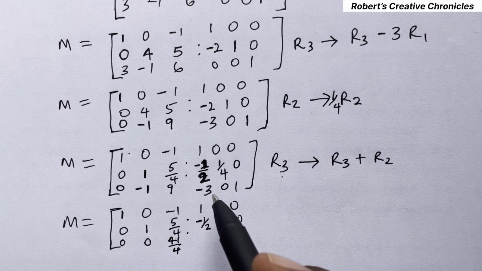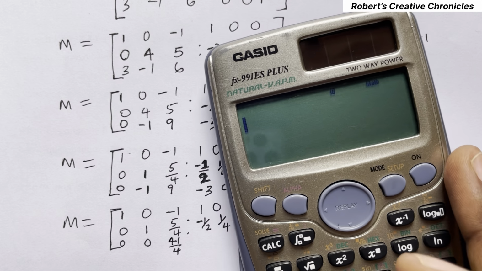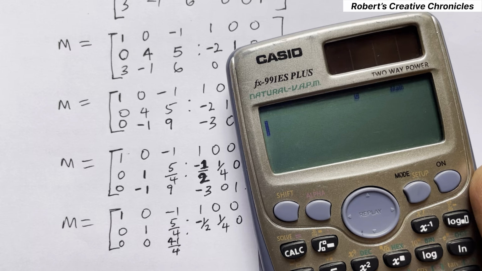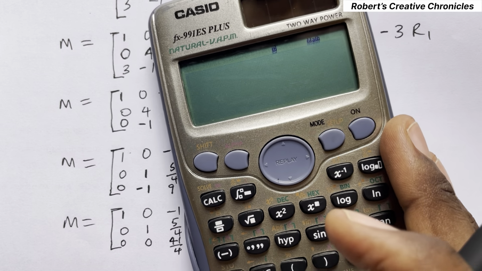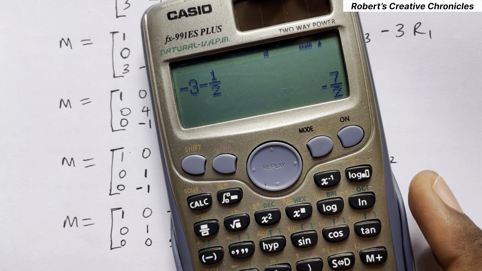Then minus 3 minus 1 over 2 is minus 7 over 2.